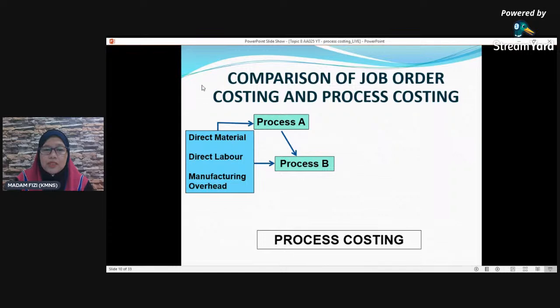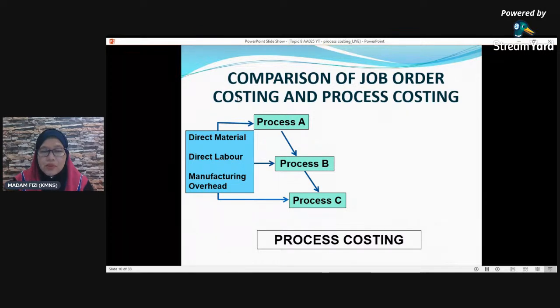After the process B finish, they will transfer ataupun continue to process C. For example, macam minyak masak tadi. Lepas semuanya dah dimasukkan minyak ke dalam botol, dia akan label, kan? Dia akan tutup, and then dia label minyak masak cap apa-apa. That is the process C. So that means this is one product.